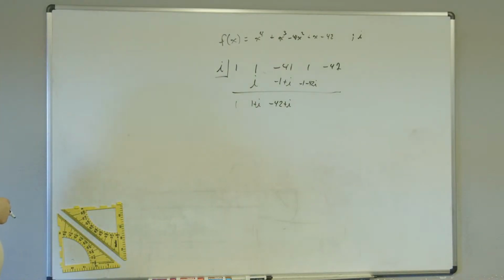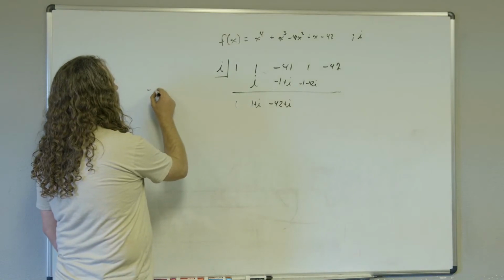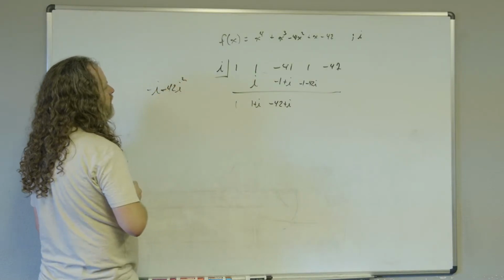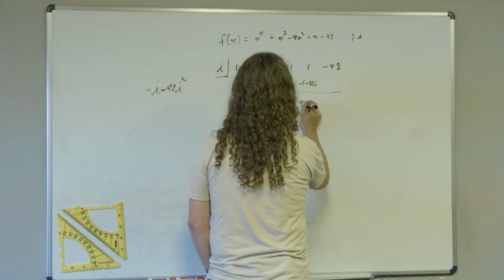It's not negative. So it is positive 42 minus i, right? Okay. Because negative i minus 42 i squared. So positive 42. How did we get that?